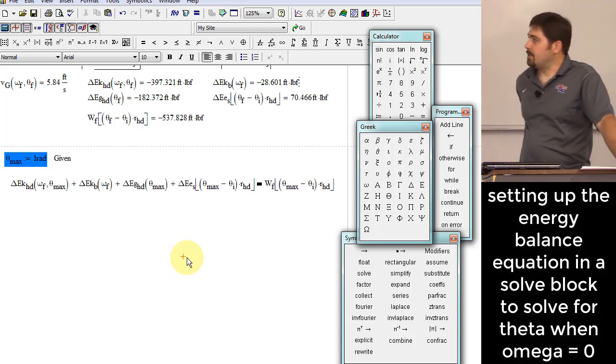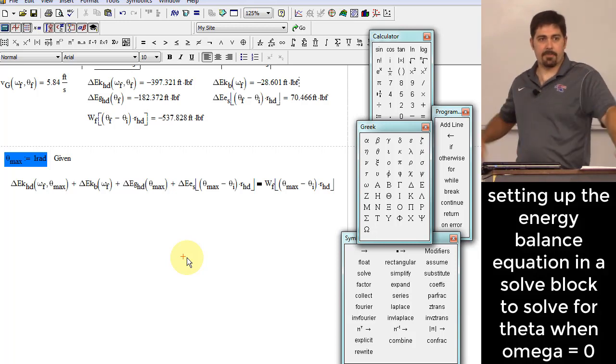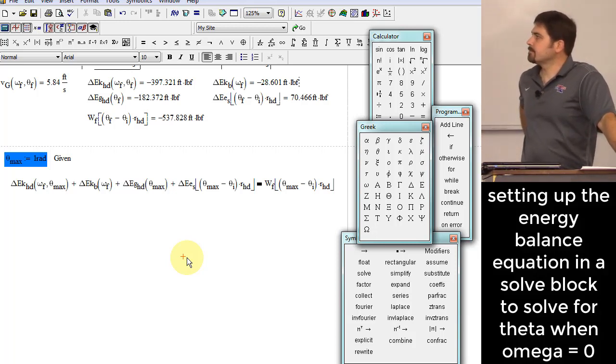What else do you think I need to do to make this proper for the condition that I describe by the furthest that it goes? I'll give you a hint. It has to do with my kinetic energy terms typically. When it goes as far as it's going to go, what are the velocities of things? Zero, right?